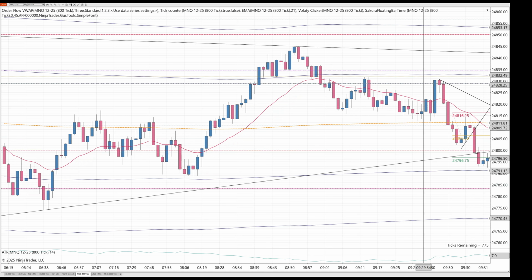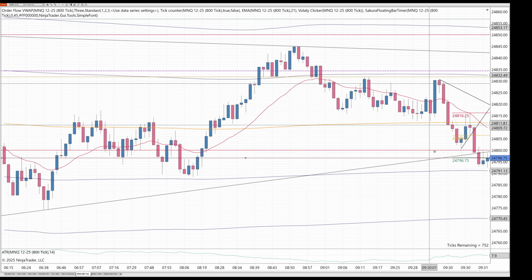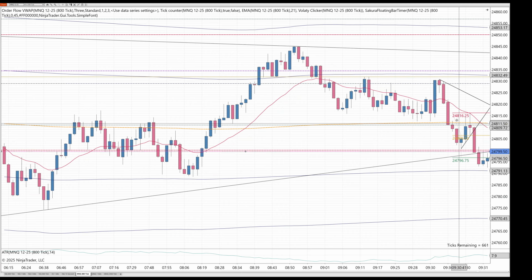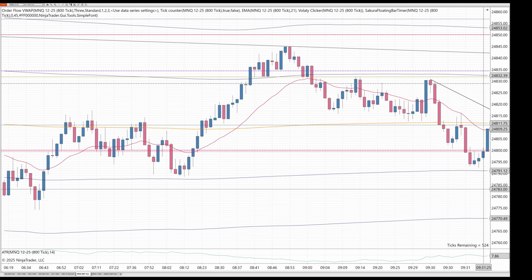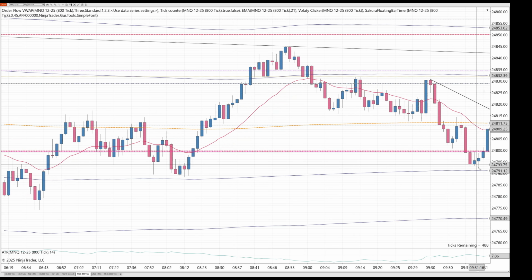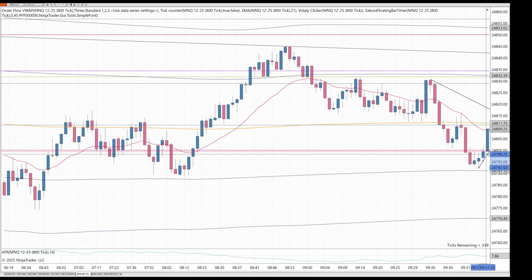Our runner is still running. You can see here right below 800. Let's go ahead and delete this line, delete this, delete that. Now our runner has been taken out, and we are getting a bullish signal to go higher. Problem is we have VWAP in the way and this trend line in the way.